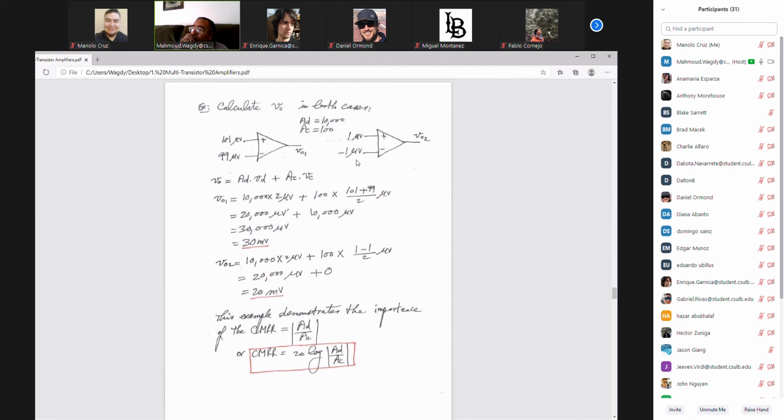Why? Because there is another term that we're going to study that comes into play here for the first time. That's called the common mode component, the common mode voltage. What is the common mode voltage? It is the average of these two voltages. So the common mode voltage in this case is 0, but the common mode voltage in this case is 100 microvolts.